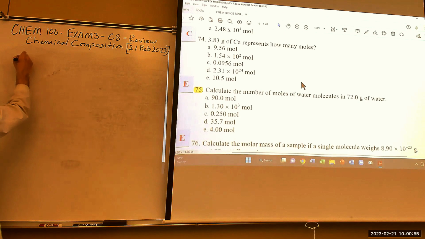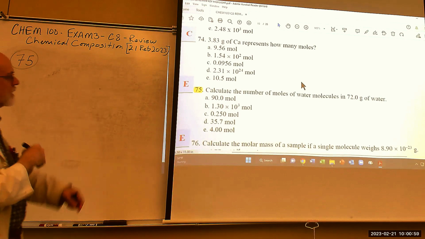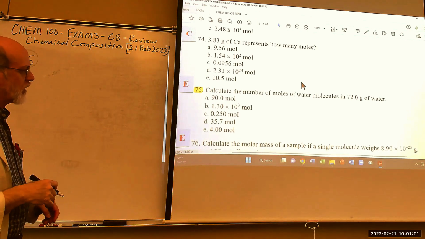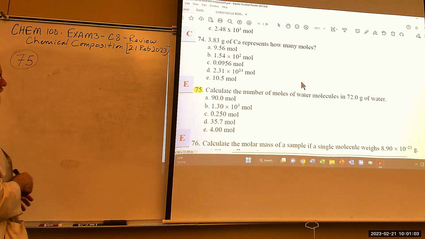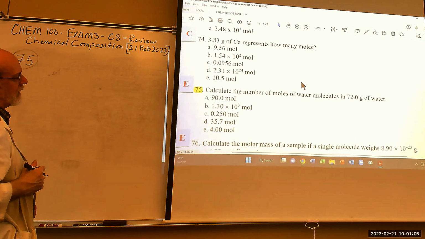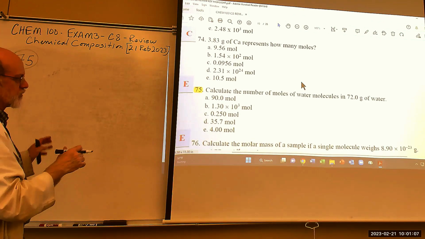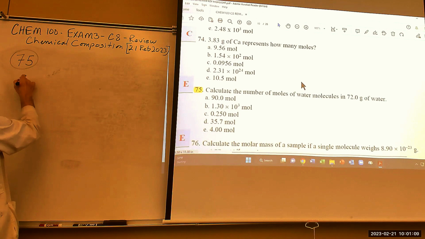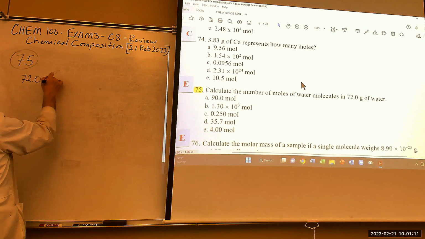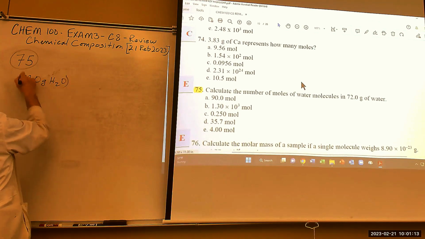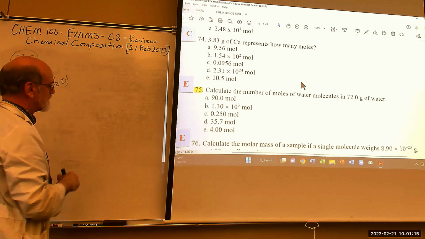75. Calculate the number of moles of water molecules in 72 grams of water. Okay, I'll set this one up. We're starting with 72 grams of water. How many moles is that?